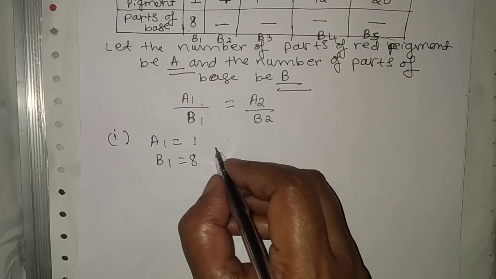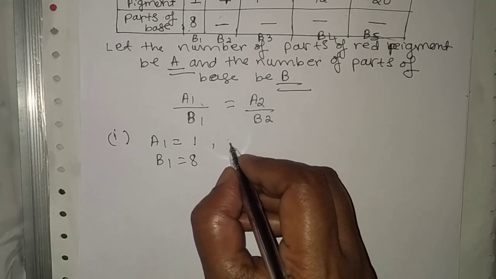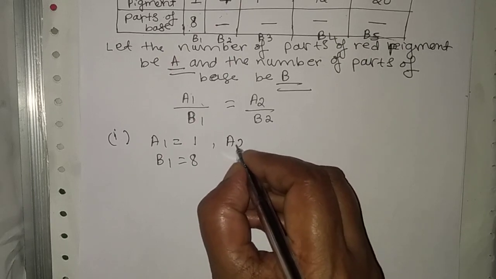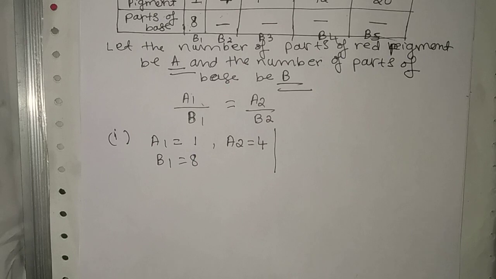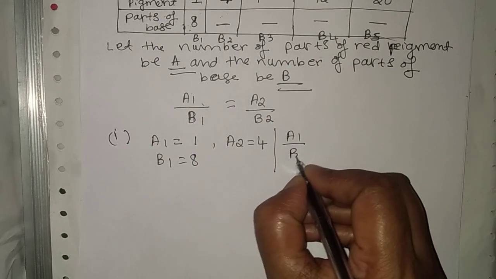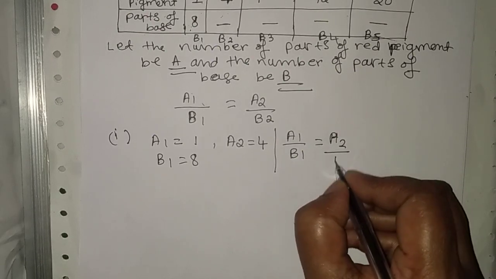We'll continue next. Here A2 is given, first 4. In this part we'll calculate now. We can write A1 by B1 is equal to A2 by B2.